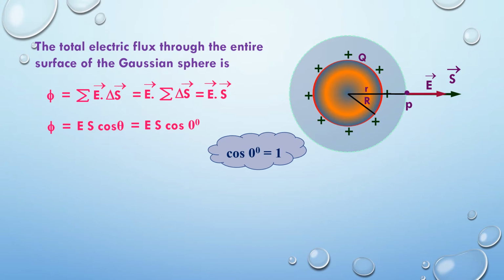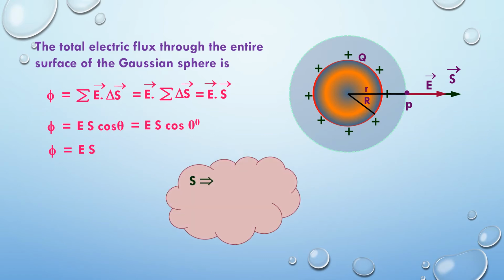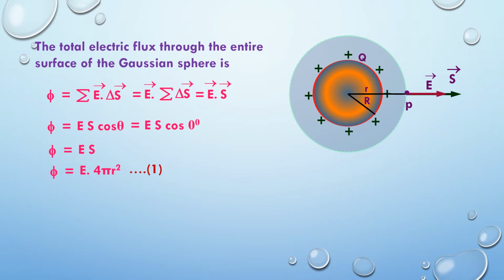Since cos 0 is equal to 1, flux is equal to ES, where S represents the surface area of the Gaussian sphere and is equal to 4 pi r squared. Hence flux is equal to E into 4 pi r squared. Let us call this equation 1.